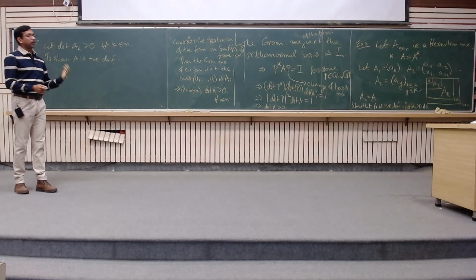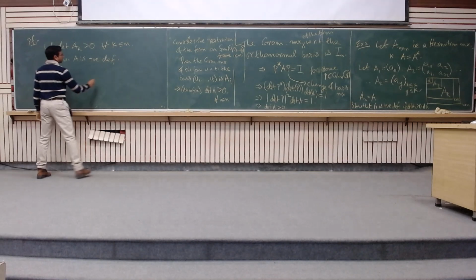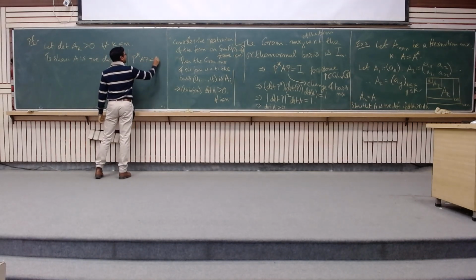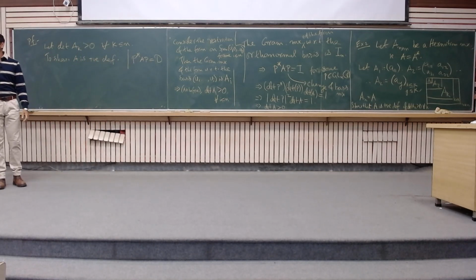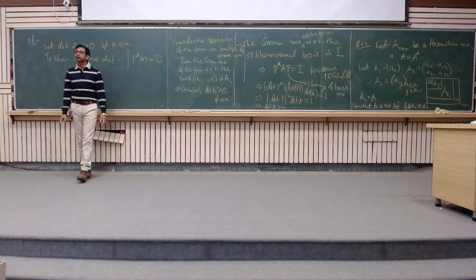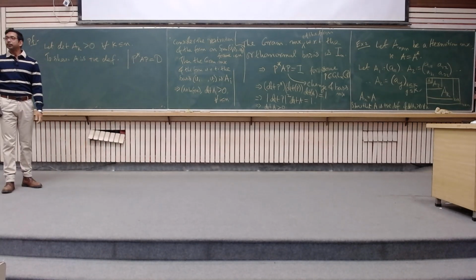Okay, so you are given a Hermitian form, right? So you have P star AP, some diagonal matrix T, right? Now the diagonal, we know that we can reduce it to ones and minus ones in the diagonal. We take the determinant on both sides.